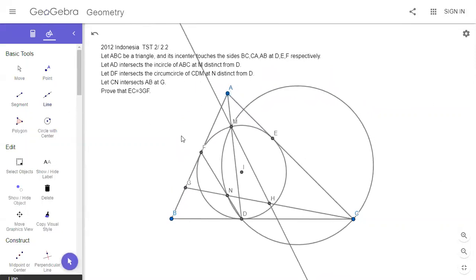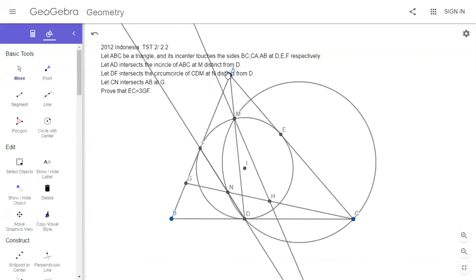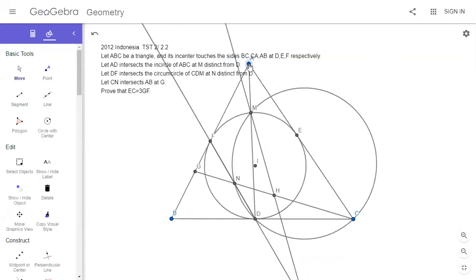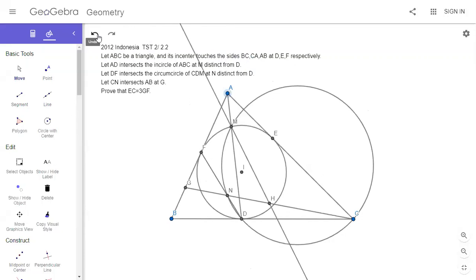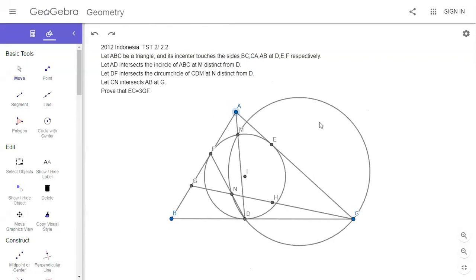Oh, I don't think those are parallel. Oh. Yeah, they're not necessarily parallel, FD and MH. Oh. But it's close. Menelaus. Hold on just a second. CD.